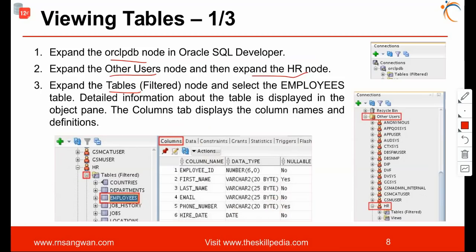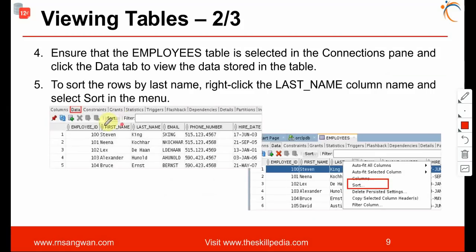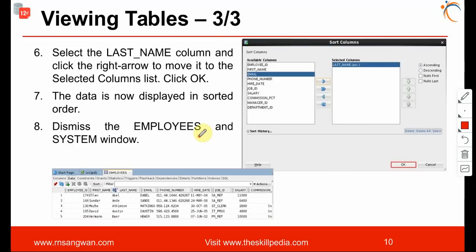Now you will find it easy, because you have already seen this interface. Same way, viewing the data, you see the data, right? Then you click on the details. For example, you want to sort it. I missed that. You want to sort the table, so click on the last name column or whatever column you want to sort the data on.